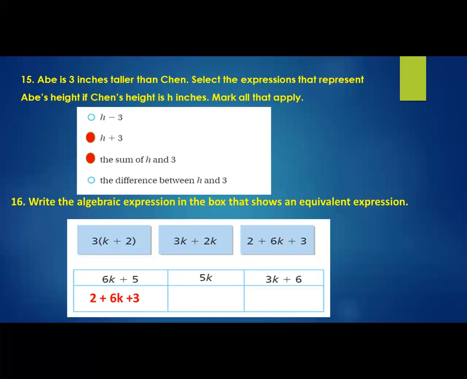Now the second one, 3k plus 2k will be 5k. And here with the distributive property, when you expand, 3 times (k plus 2) will be 3k plus 6. So these three are the equivalent expressions for the given expressions.